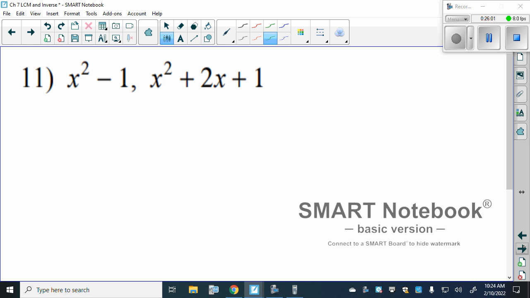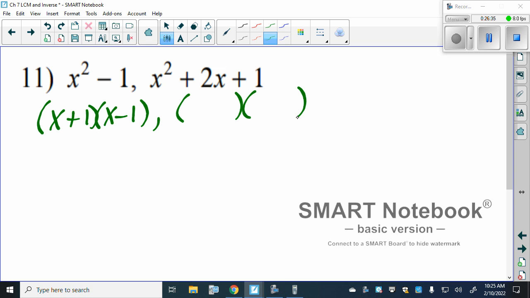Okay. Let's look at these two here. Now, one thing we need to be careful of is making sure to check and see if what we are looking at is factorable. Because if it is factorable, we need to factor it. And the x squared minus 1 is factorable too. And we can do that because it's a difference of perfect squares.